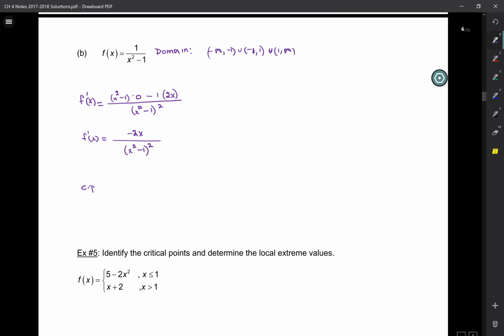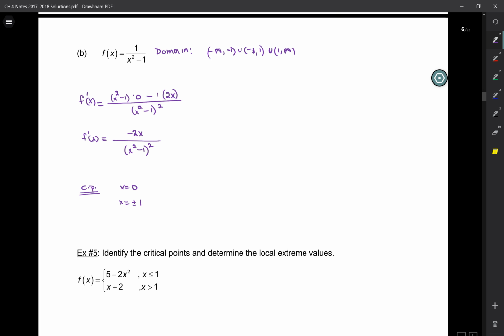Okay, critical points. Critical points are where f prime equals 0. When you set it equal to 0, you get the numerator equal to 0. So if the numerator equals 0, what would x equal? 0. So x is 0. And then from the bottom, what are the critical points? x equals plus or minus 1, right?